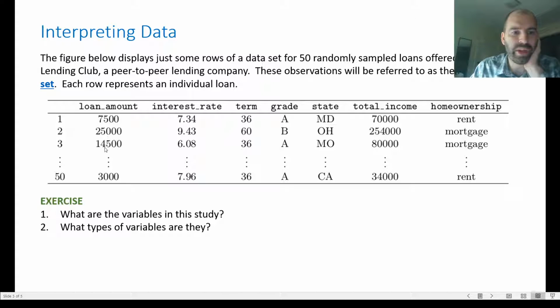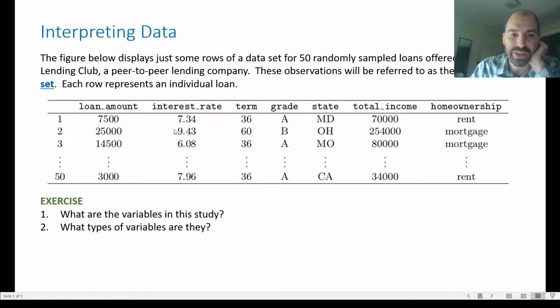There's no reason why a loan couldn't be offset by just $1. And $1 in comparison to how large these numbers are is really small. You might say that because they're all rounded to the nearest dollar, they're discrete. But I think most people would say that $1 is so small compared to these numbers that they're essentially continuous. So this is numerical continuous.